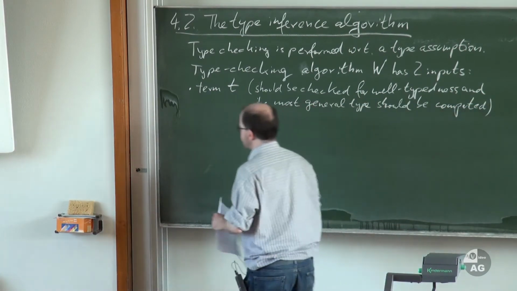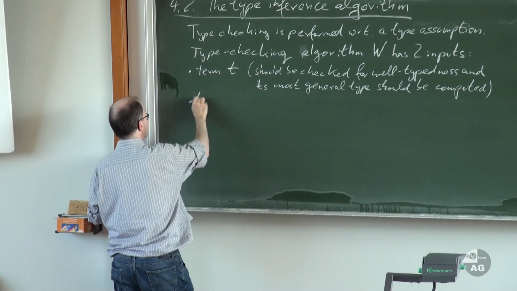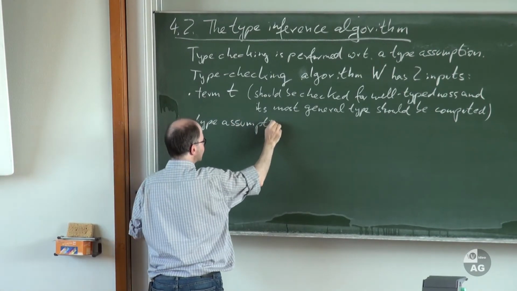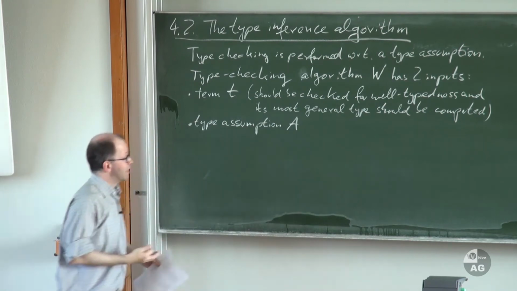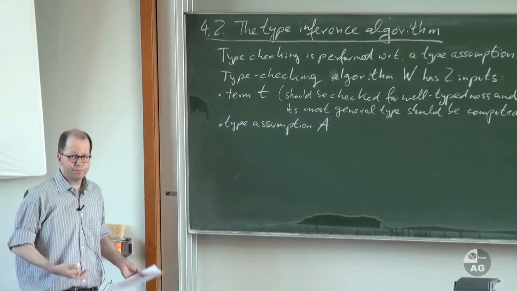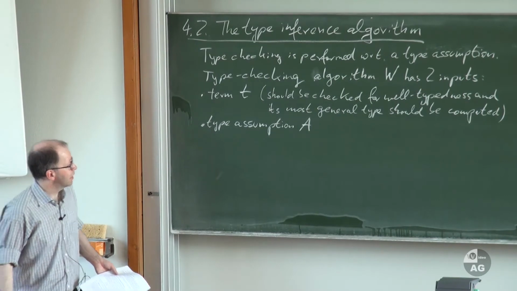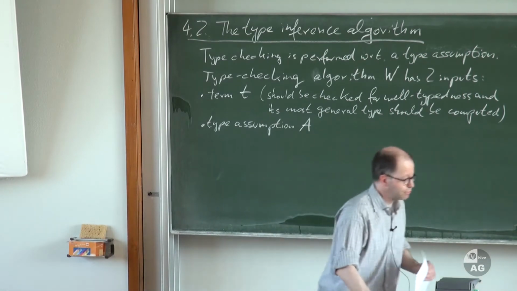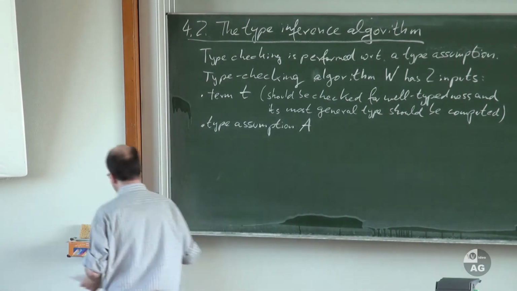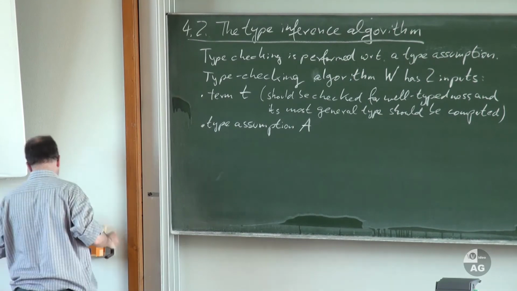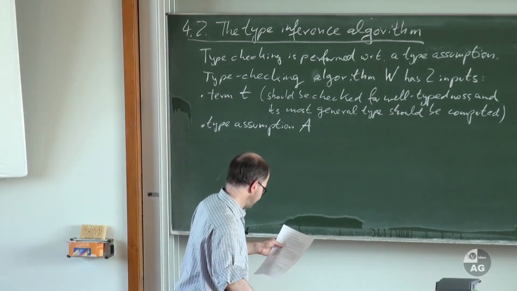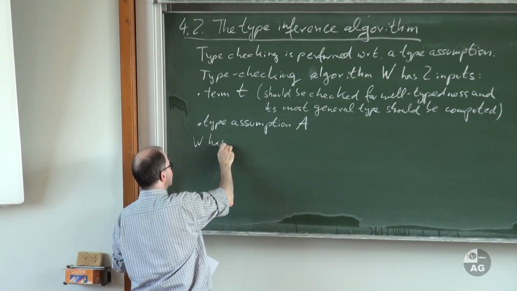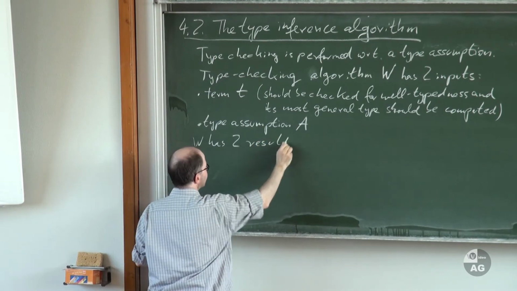And the other input is a type assumption A. And this type assumption tells us what are the types of the occurring functions, the occurring constants, and the occurring variables. And what's the result of W? So of course the result of W should be the type of the term T. So W has in fact two results.